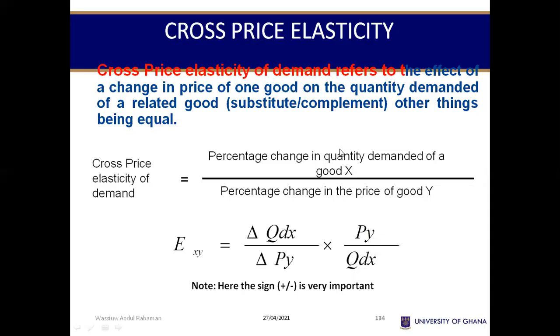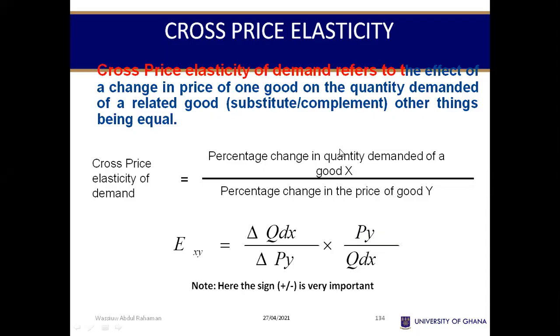So please take note of this. In other words, we can use cross price elasticity to determine the relationship between two commodities, whether they are substitutes or complements. If it is positive, they are substitutes.